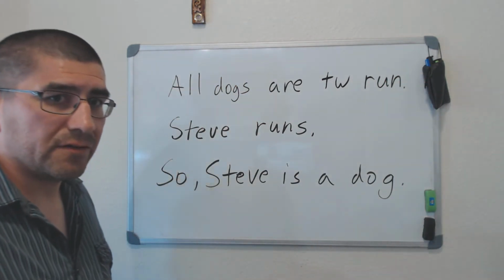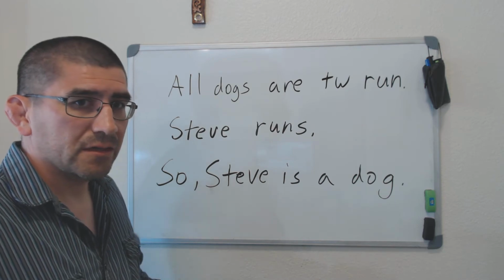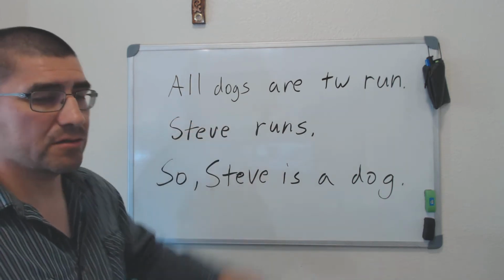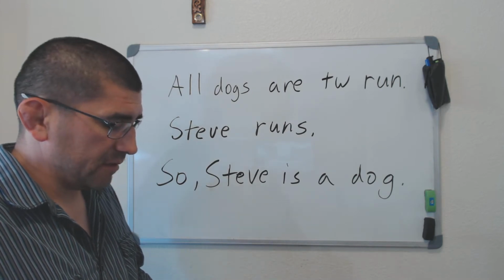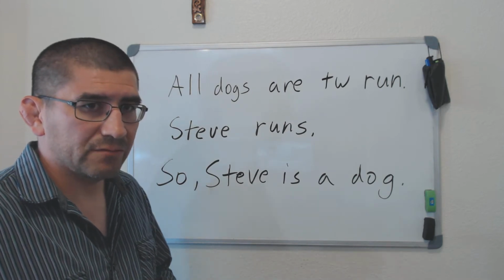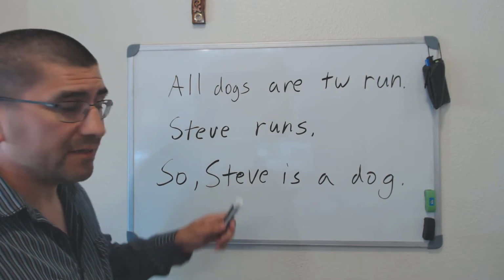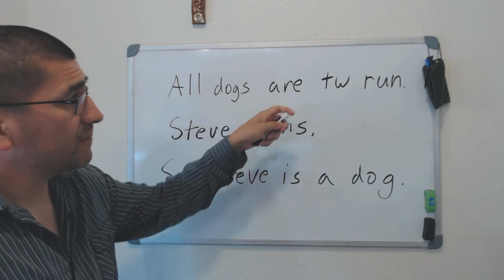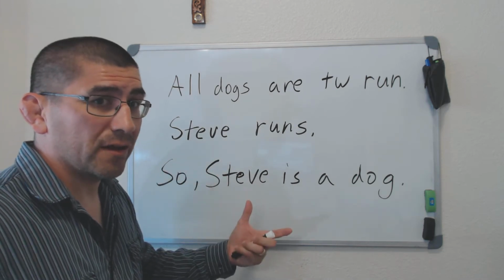Okay. So every dog runs can turn into, when you put it into logical form, all dogs are that which run. Okay. So when you have the word every, most likely it means all. Okay. And we had all dogs run.